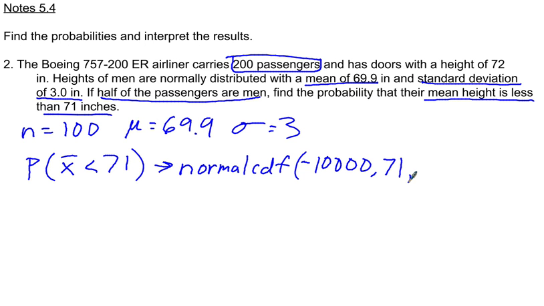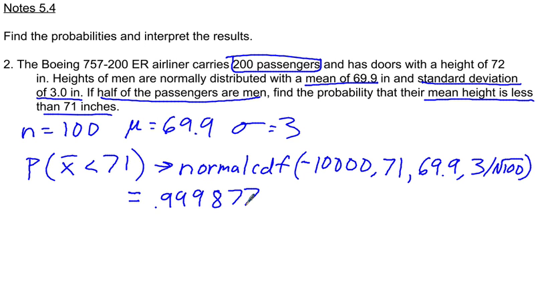Our maximum is 71, the mean 69.9, and the standard error, which is 3 divided by the square root of 100. And this gives us 0.999877, which we round to 0.9999. So it's very likely that the mean will fall below 71 inches.